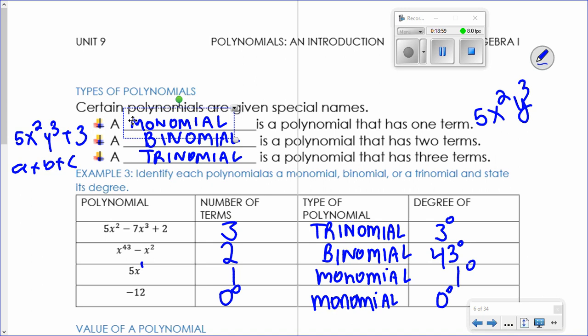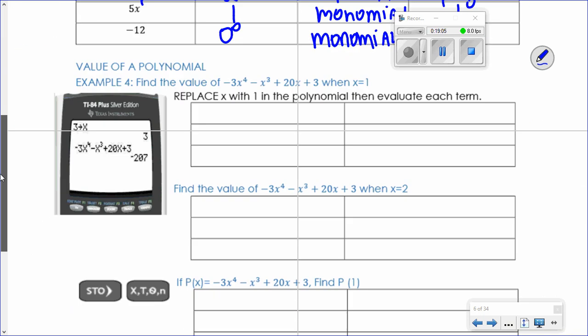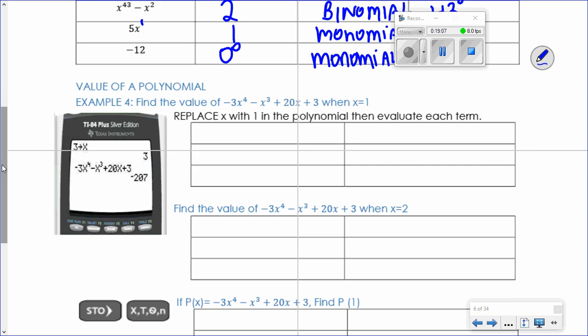All right, first, we're going to write out what's there. Did you follow the directions? It says find the value of negative 3x to the 4th minus x cubed plus 20x plus 3. Did you write it out first? No. Let's do it. What does x equal? 1.